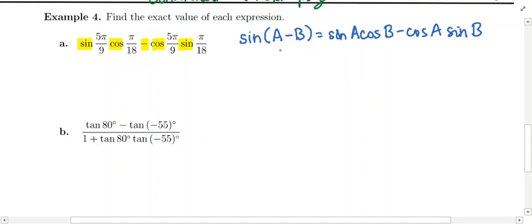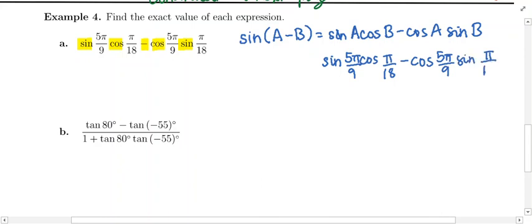So if we look at what we have, we have the sine of 5 pi over 9 times the cosine of pi over 18 minus the cosine of 5 pi over 9 times the sine of pi over 18. It's matching up exactly, and we're seeing from this that the A value here is 5 pi over 9 and the B value is pi over 18.